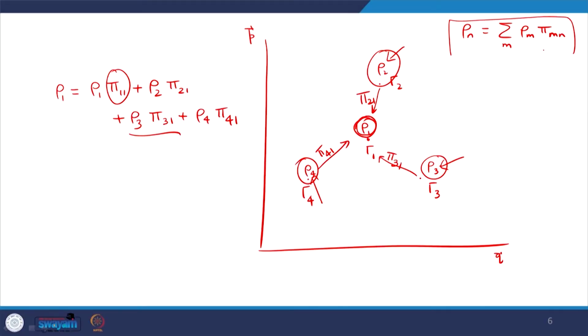So, there is one more way to put this relation. This is called a weaker condition, but there is a stronger condition that also ensures this particular weak condition, and that condition is referred to as the condition of microscopic reversibility or detailed balance.